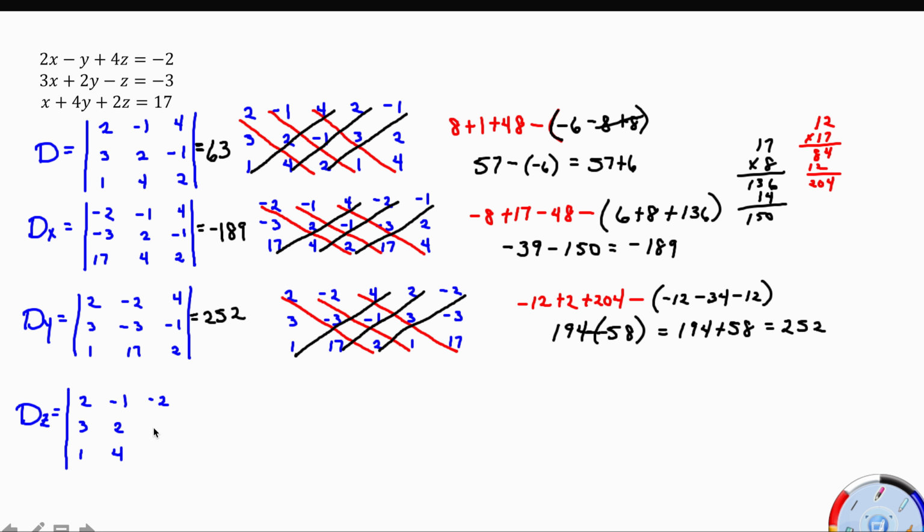Now put the solutions, negative 2, negative 3, 17. And I'm going to come over here and write that. And add the first two columns again.